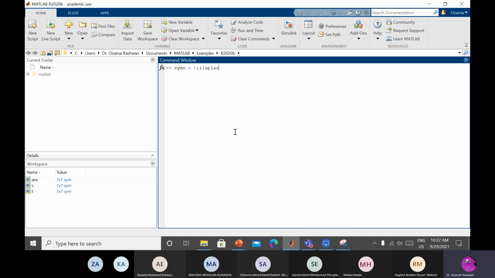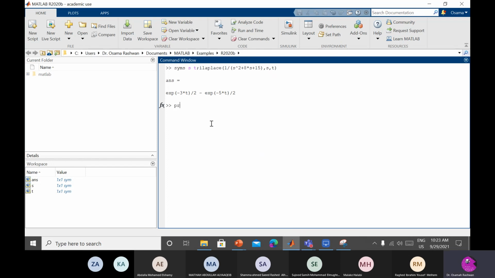When I have F of s, I have to use the inverse Laplace, which is ilaplace. I open a bracket for the denominator, s squared plus 8 star s plus 15, finish writing my denominator, and comma, I input s, and I would like to have the function of t.